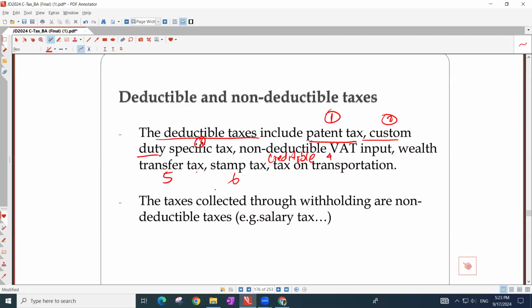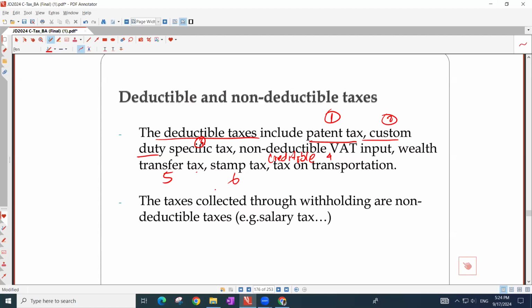But this tax only applies to alcoholic drinks and cigarettes. So when you buy legal products that are properly imported, you can see a stamp on that, maybe on a cigarette box or a bottle.